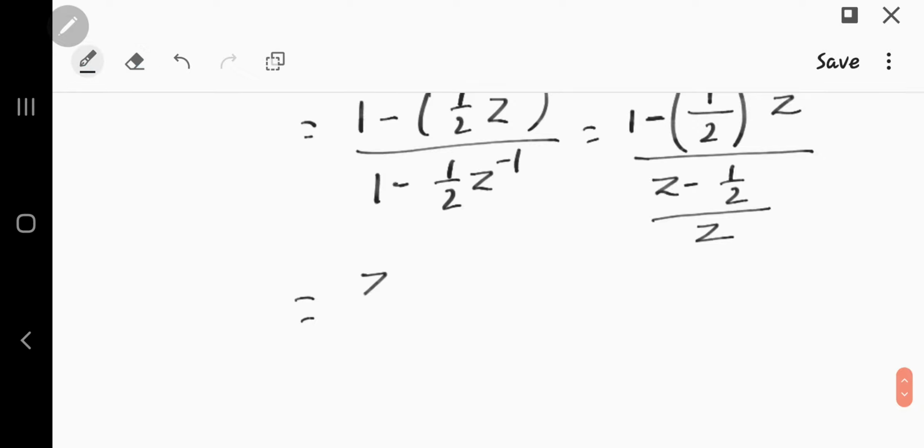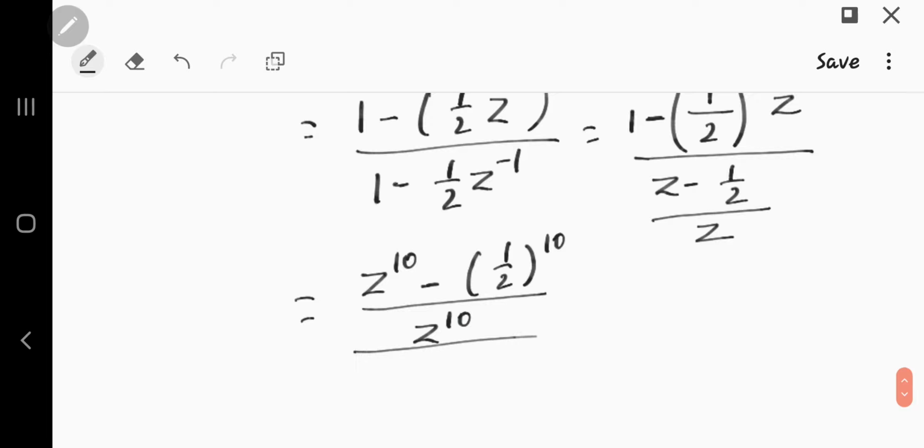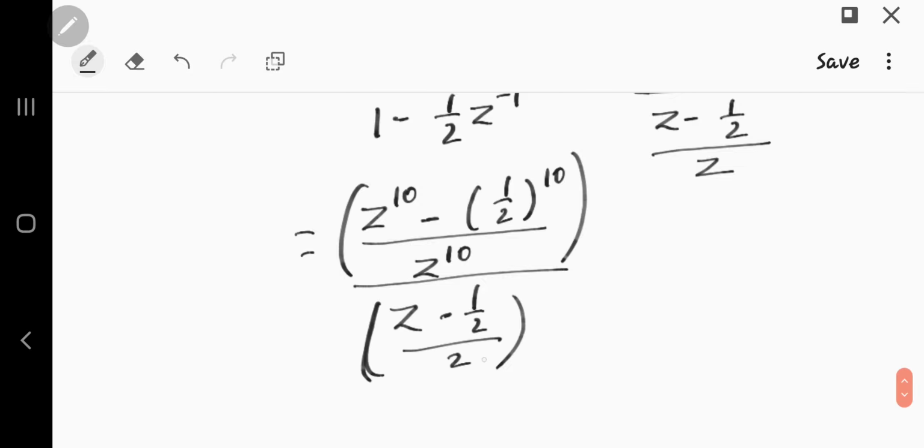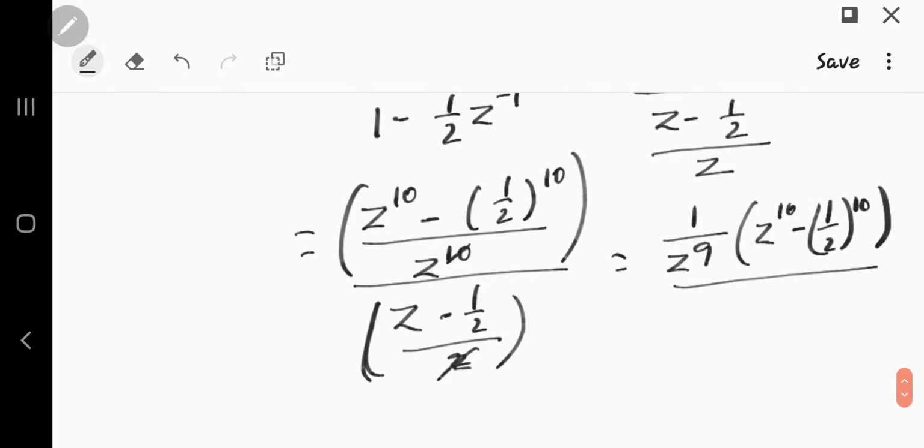I'll take the LCM here, that gives z to the power of 10 minus 1 by 2 to the power of 10 divided by z to the power of 10, and here z minus 1 by 2 divided by z, and this z cancels, here it becomes 9. So if I take this outside, 1 by z to the power of 9 into z to the power of 10 minus 1 by 2 to the power of 10 divided by z minus 1 by 2.